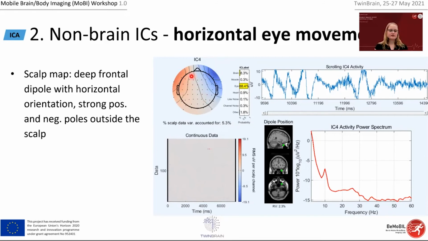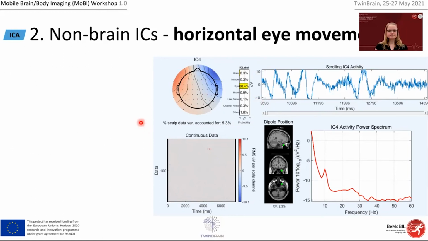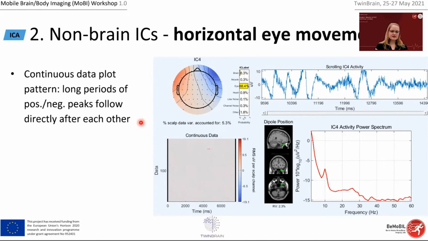So we have the right-left eye movement, and in the activation we see those rectangular patterns, and again we have a high scale here. For the continuous data plot, you usually find some spots like that if there were moments where they did a lot of eye movement, which drives the scale here.